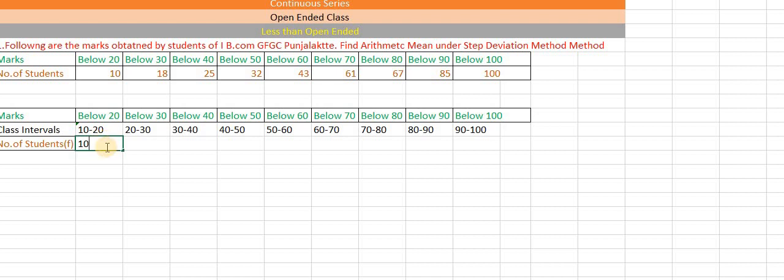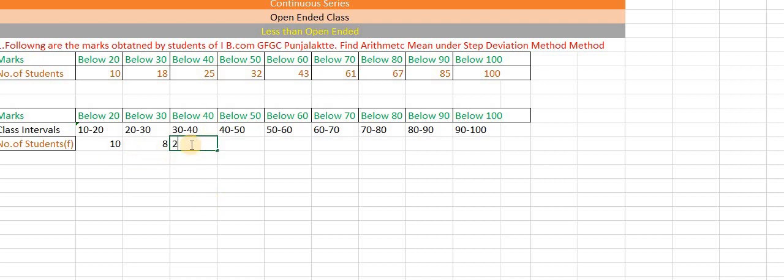So it is 10. And for here, these 18 students include these 10 students, so 18 minus 10, the remaining balance is 8. And these 25 students include these two, that means 25 minus 10 and 8.